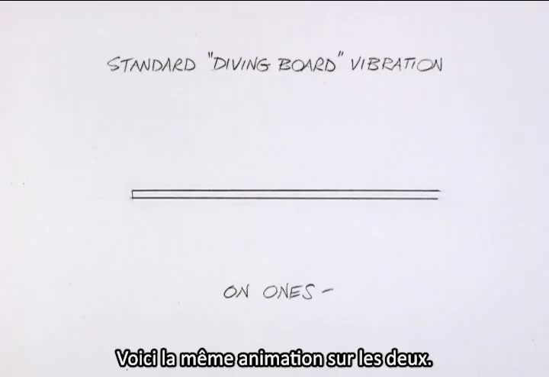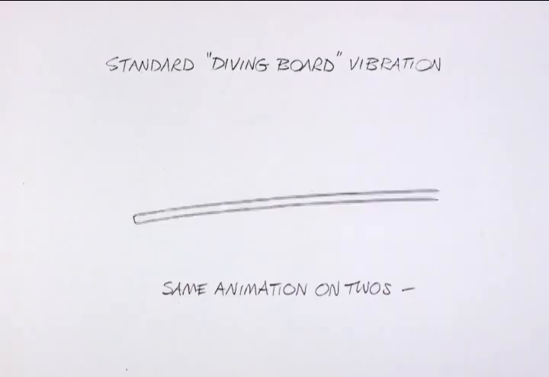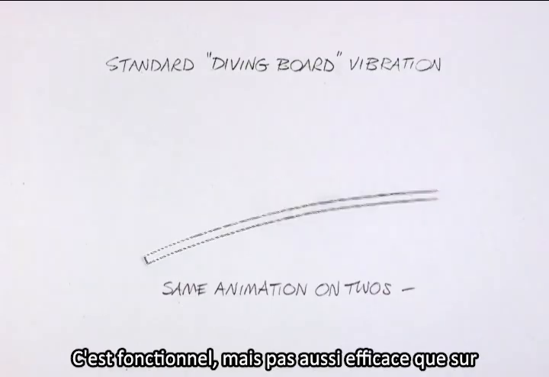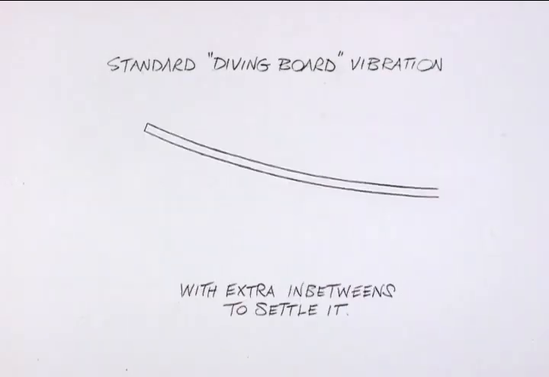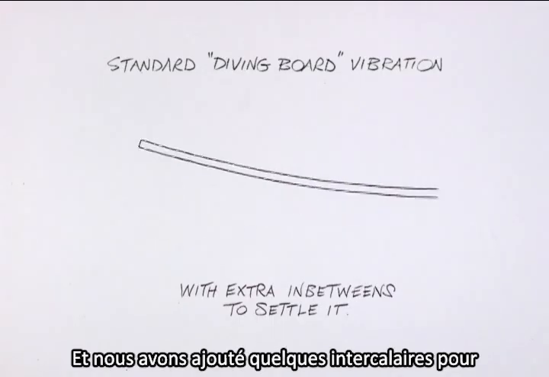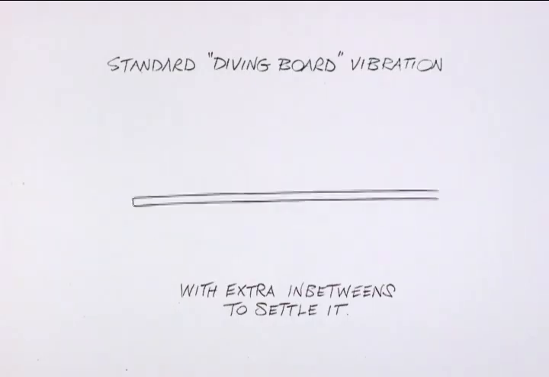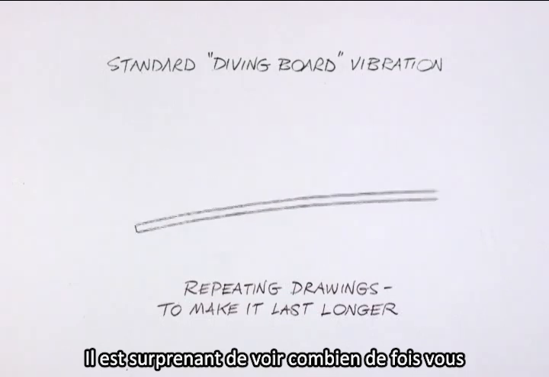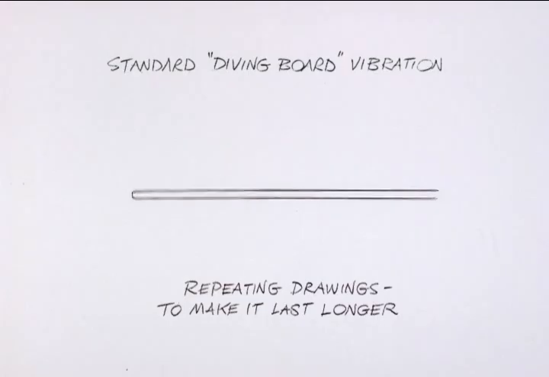Here's the same animation on twos. It's workable, but not as effective as on ones. Back to ones, and we've added some extra in-betweens to help settle it. It's surprising how many times you can repeat the drawings to make the action last longer.